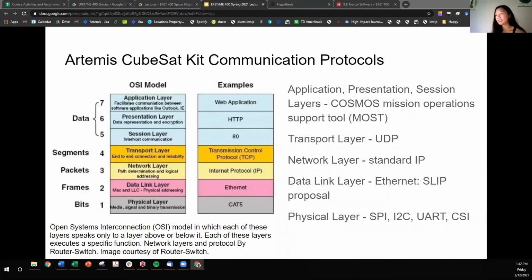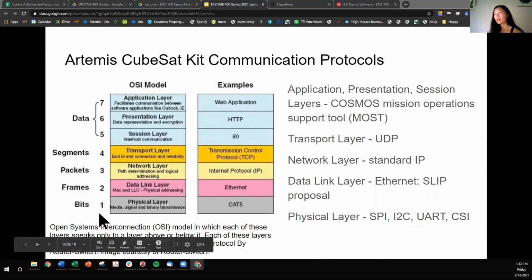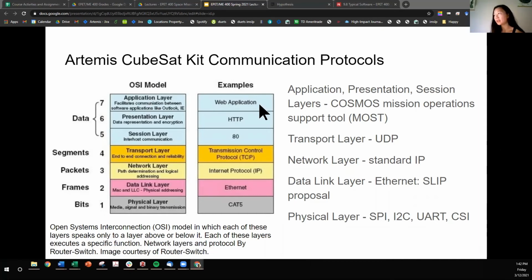Okay, so I know that I fumbled through that, and apologies, but I'm going to attempt to summarize it. When we are thinking of the transfer of information from hardware, which is feeding into the physical layer, to the mission operations interface, which is the application layer, we have to go through this flow of formatting.